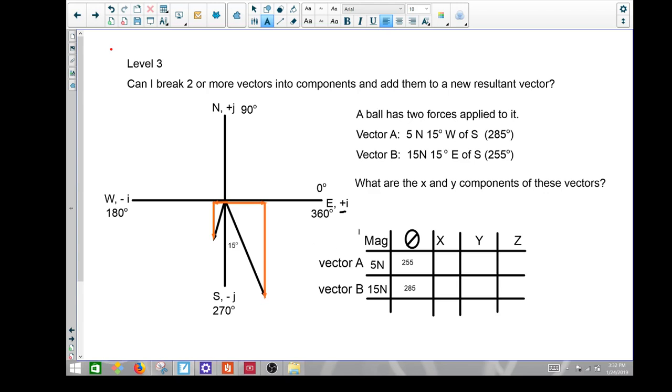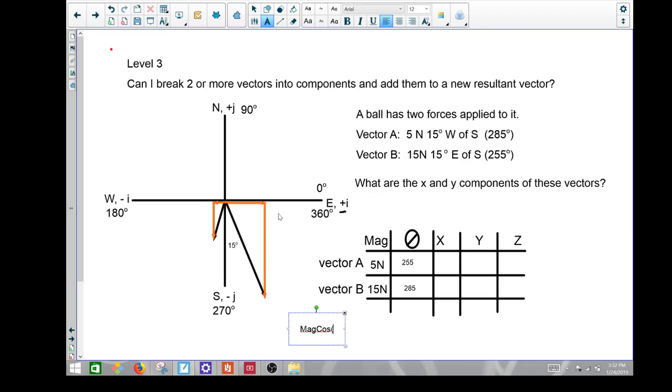All right, so what is that formula? Well, it's going to be the cosine. Let me get this a little bit bigger here. It's likely on the next slide anyways, but the formula is the magnitude of the vector times the cosine of the absolute angle, which is 285.